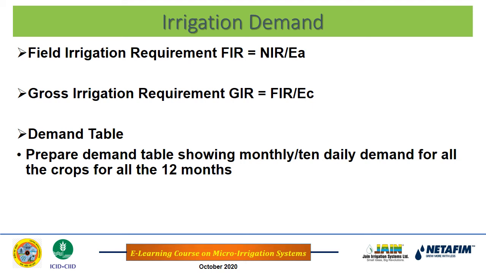If we do that, we get the gross irrigation requirements of different crops during different periods, and if we put together those for all the crops for the different areas covered by them, we will be able to prepare a demand table showing monthly or 10 daily demand for all the crops for all 12 months.